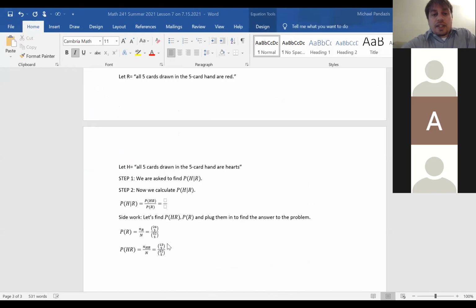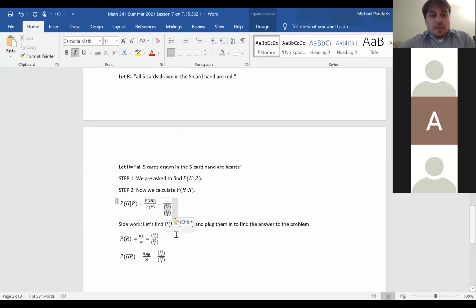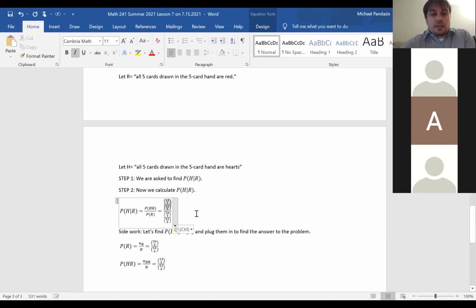Okay, and so you divide this by that and you get that answer. So what I want to do is just divide these quantities here. This goes in the denominator and this goes in the numerator.